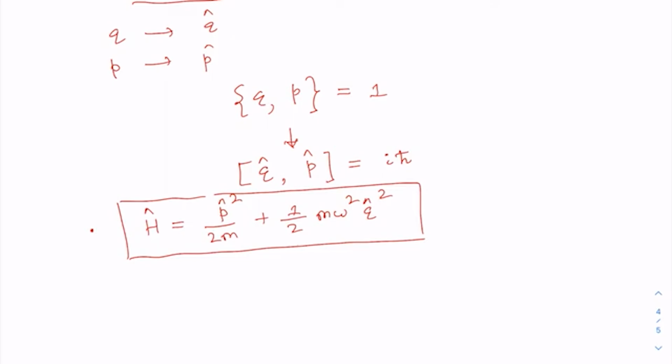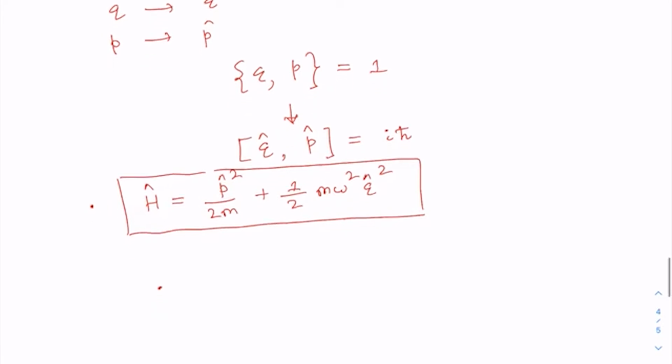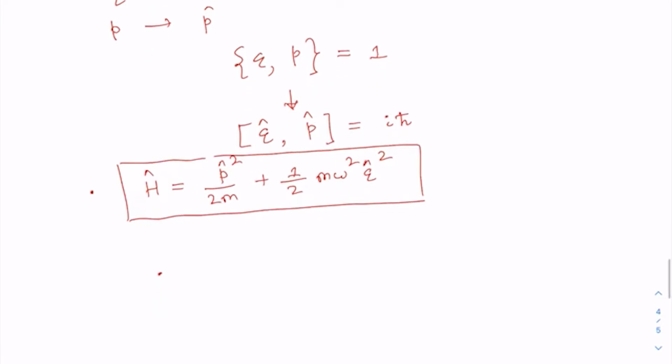Let me just once again tell that any classical system we can hopefully quantize this way, provided first of all we know the Lagrangian of the system. It may be in only one dimension, but we can extend this argument to any dimensions.